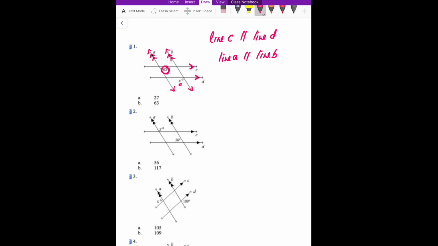This angle is 63. So what is the corresponding angle of 63?